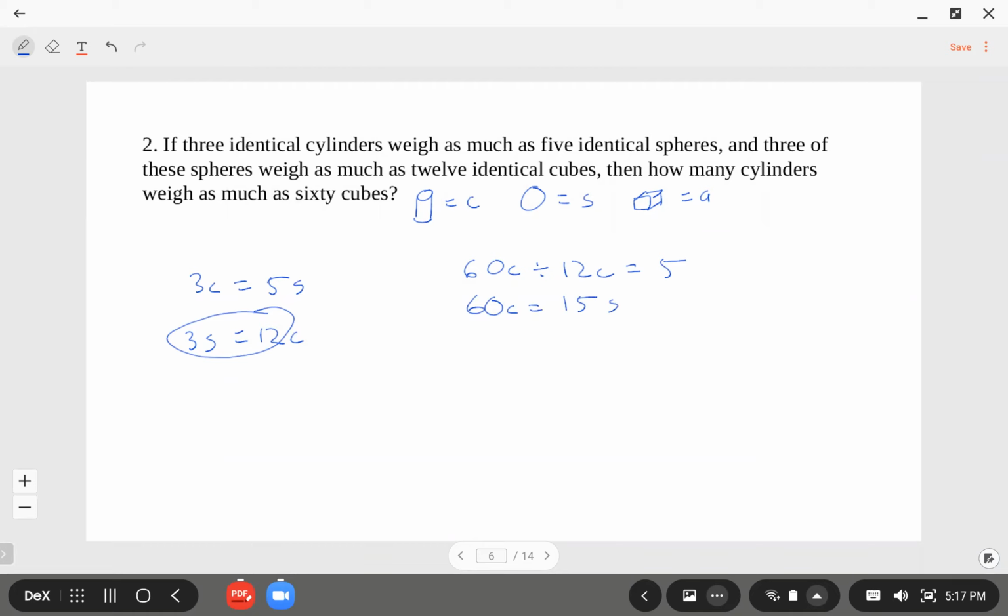And what does 15 spheres equal? 15 divided by 5 is going to be 3. So therefore 3C times 3 would be the answer. Basically 9 cylinders. All right, 9 cylinders. That's our answer.